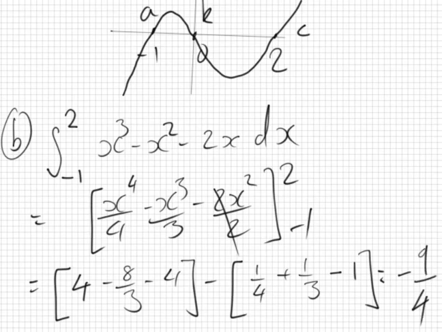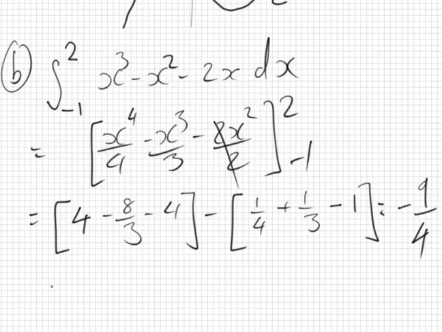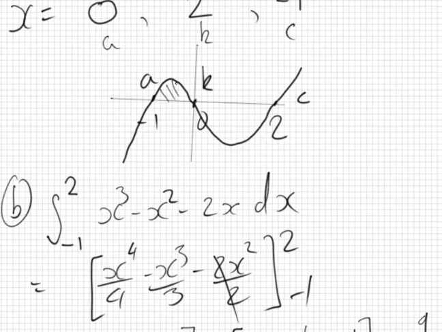Now, part C is they want to find the area. The problem with the area is that some of it is positive, but most of it is negative. No problem. We've seen how to deal with this before.